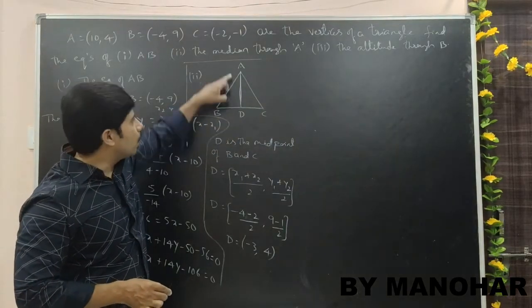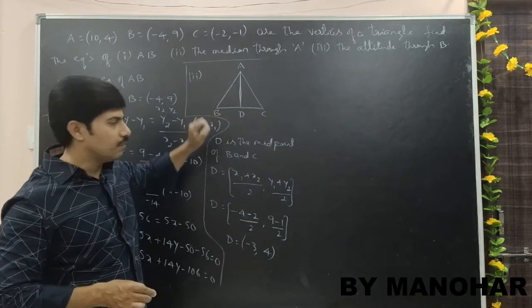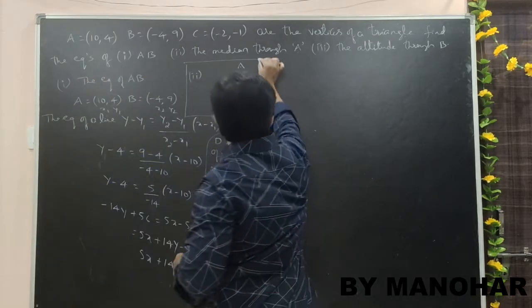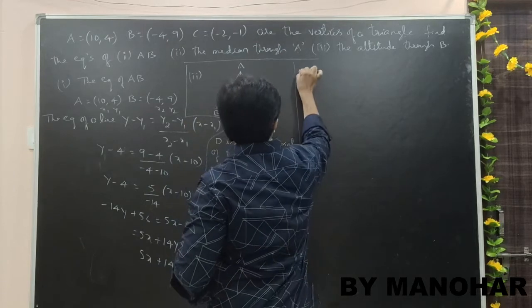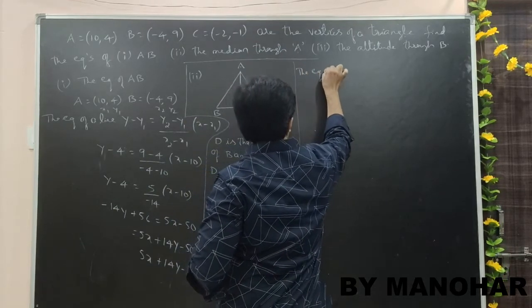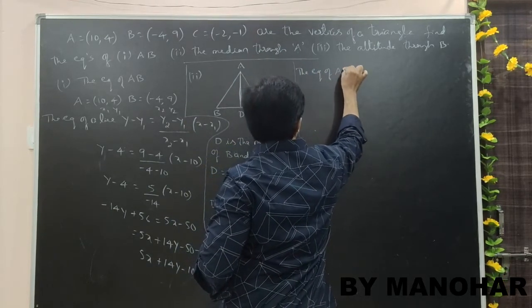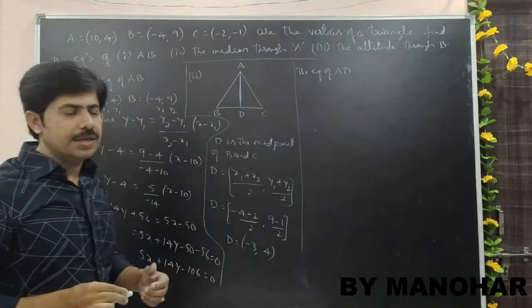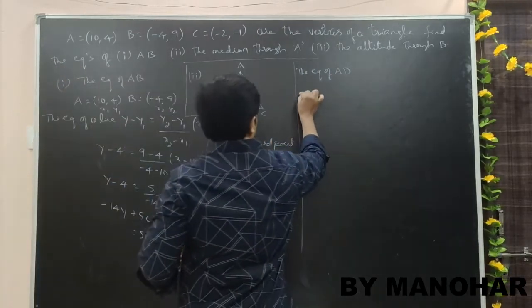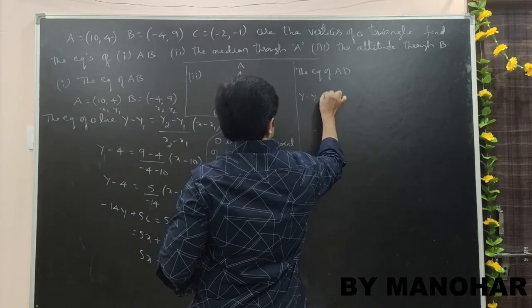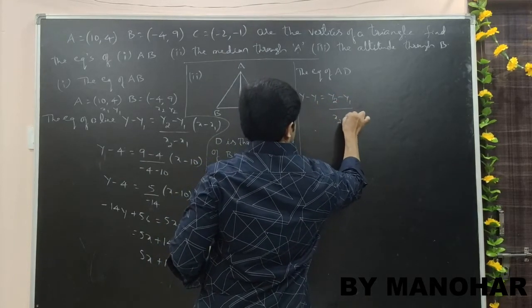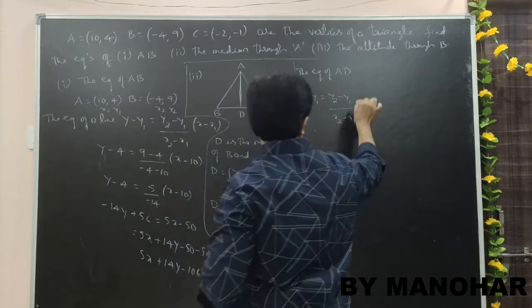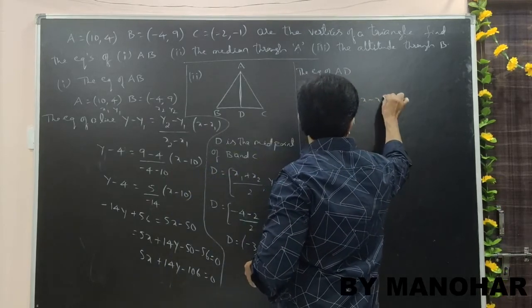So using the 2-point form, we'll find the equation of the median. So next we have to find the equation of the median through A. The equation of the median AD is nothing but y minus y1 is equal to (y2 minus y1) by (x2 minus x1) into (x minus x1).